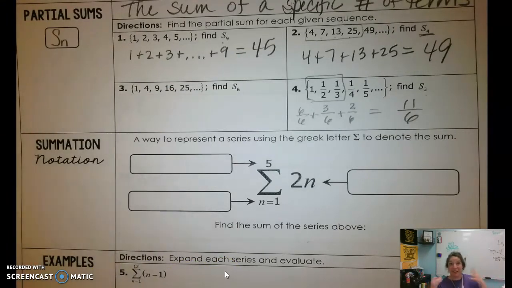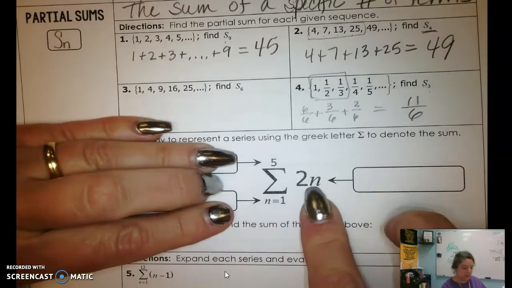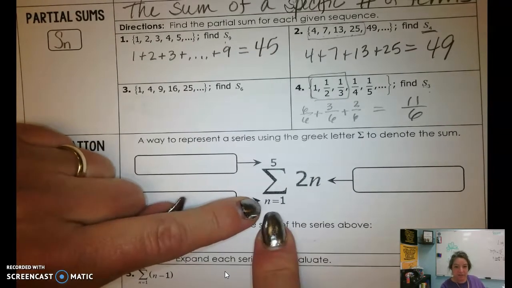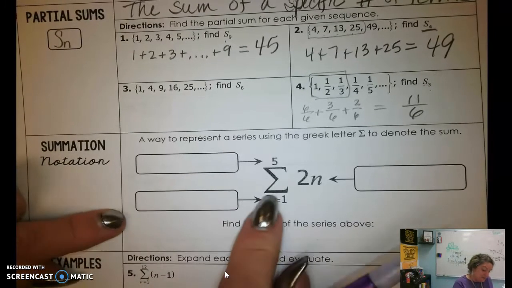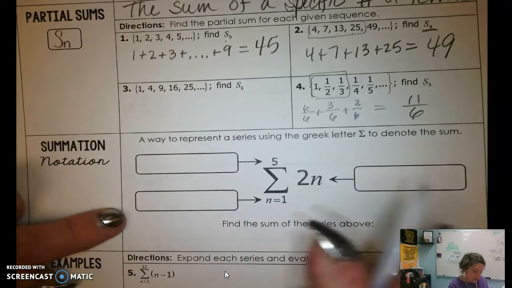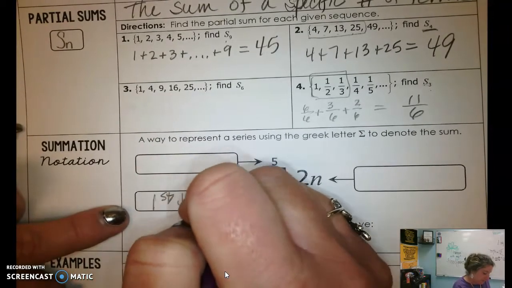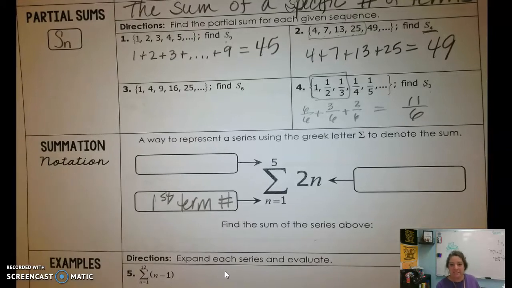Here's what we do, okay? This is what it looks like. This is what it means, okay? So you're going to see this thing right here, the sigma, or the summation of 2n from 1 to 5. This is what all these pieces mean. Down here, where it says n equals 1, this is going to be your first term, the first term number that you're going to find.